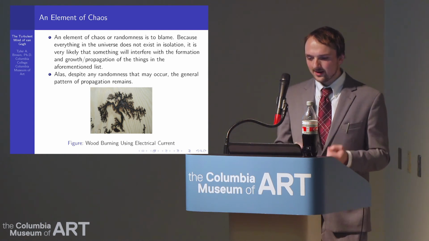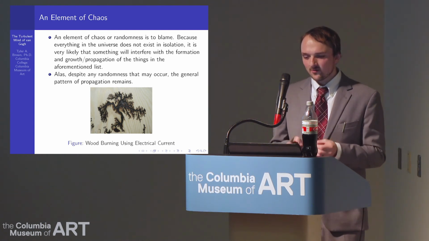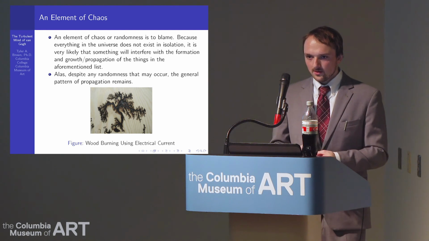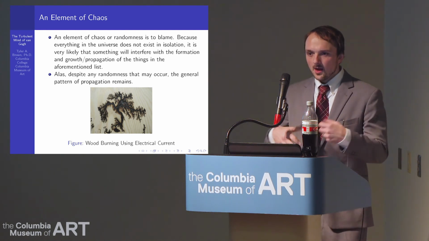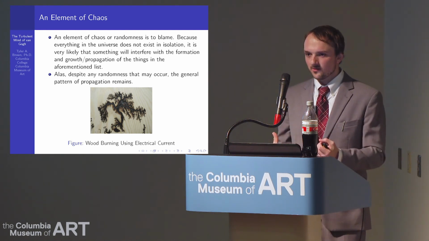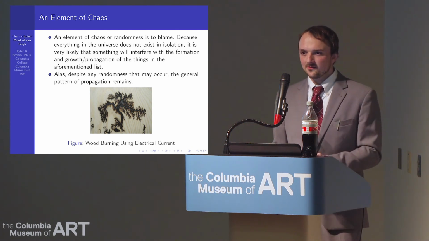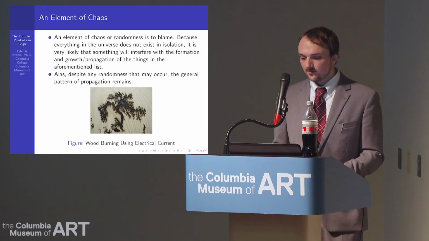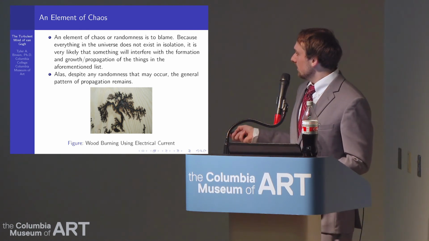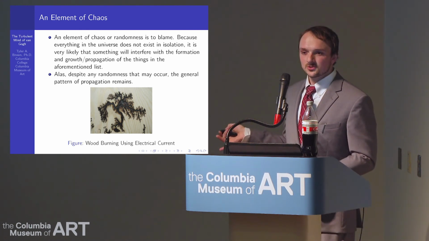Alas, despite any randomness that may occur, a general pattern of propagation remains. So it still has some structure amidst the chaos. It's trying to maintain structure and also branching off and enduring the chaos throughout the propagation process. Here you actually see a wood-burnt tree made using electricity.